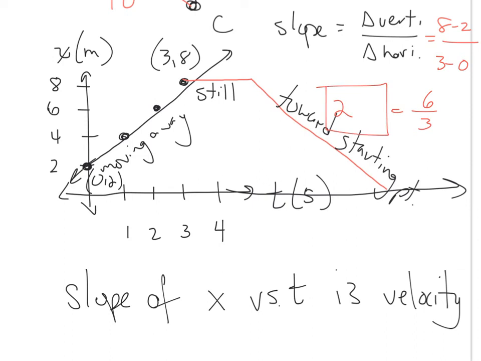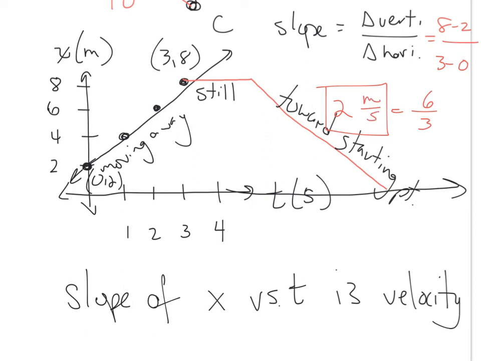And what are my units here? What are my units going to be? You can take a look at your other axes to see what to fill those in with. We got it. 2 meters over 1 second. Yeah, so 2 meters per second.